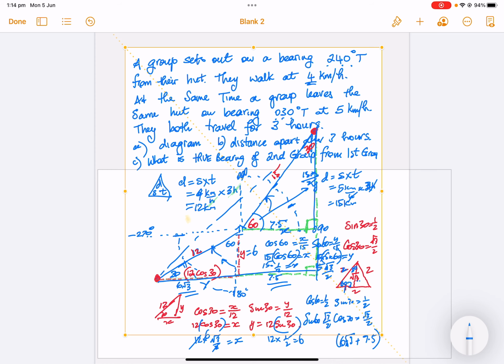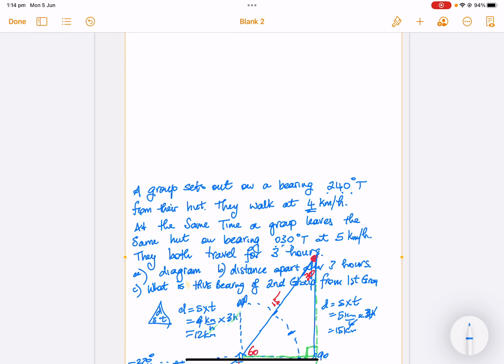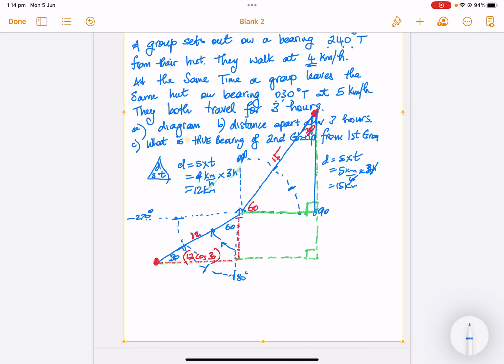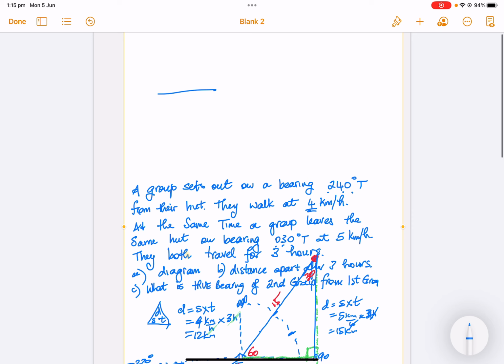I wonder if I can make this go further. I'll go up here. So I've got this triangle. What happened? Did I go over it? Okay, but anyway, it was 6 root 3 plus 7.5.